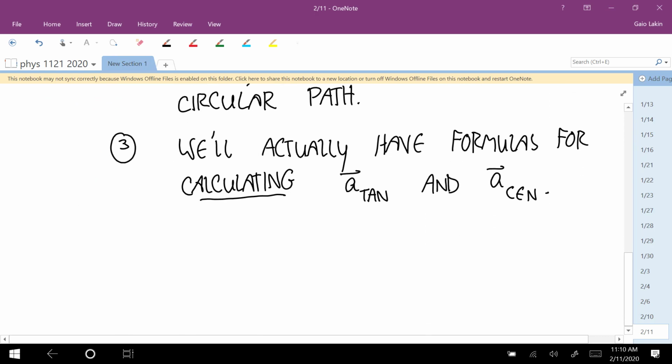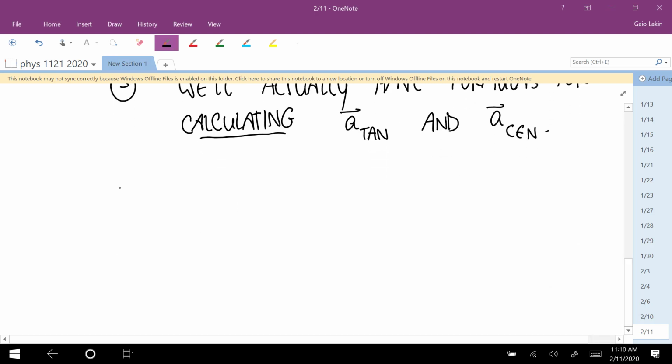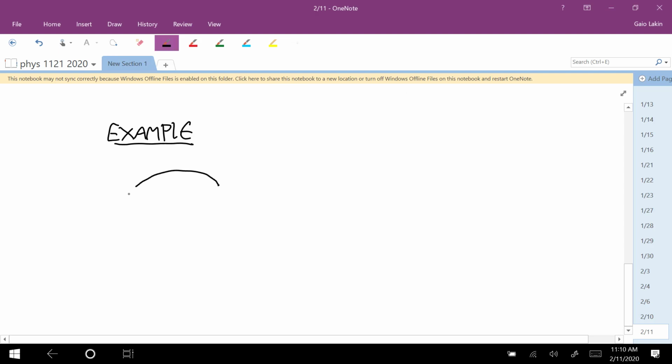Okay. All right, so before I start getting into the calculations, let's think about an object that's moving in a circular path like this.